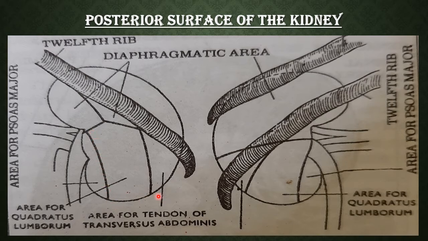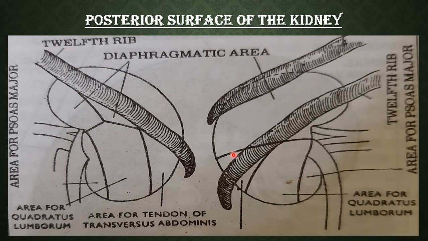This middle part of the lower half of the posterior surface of the kidney is related to the quadratus lumborum muscle. Then nearer to the lateral border of the posterior surface, the kidney is related to the tendon of transversus abdominis.